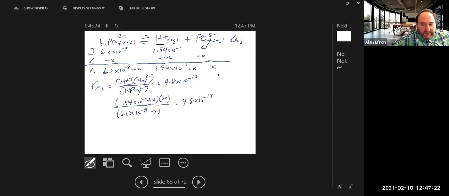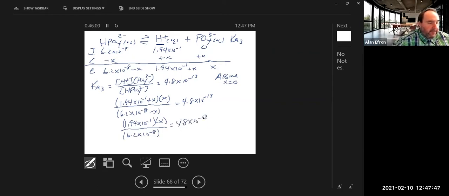We've been good on the assumptions all problem here, so might as well do it one more time. We're going to assume that X is equal to 0. That's going to reduce this down a lot easier. It gives us 1.94 times 10 to the minus 1 times X divided by 6.2 times 10 to the minus 8 equals 4.8 times 10 to the minus 13.